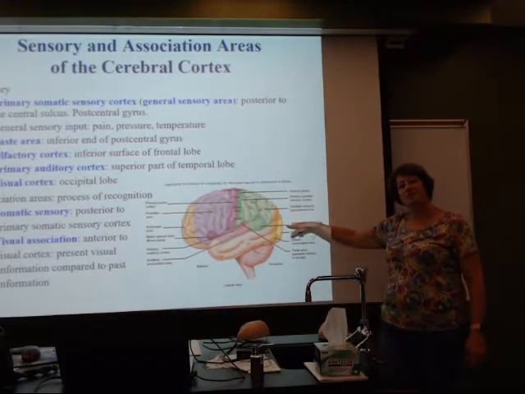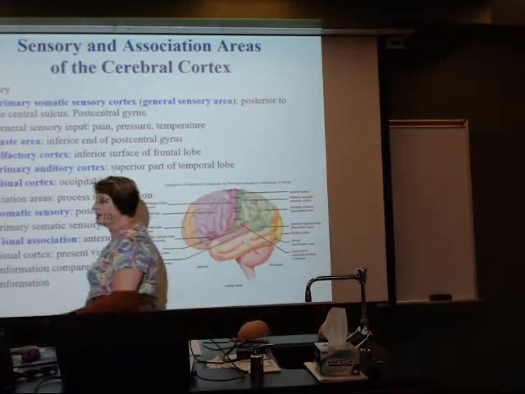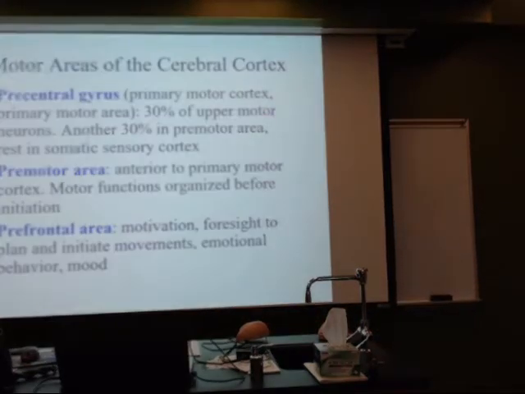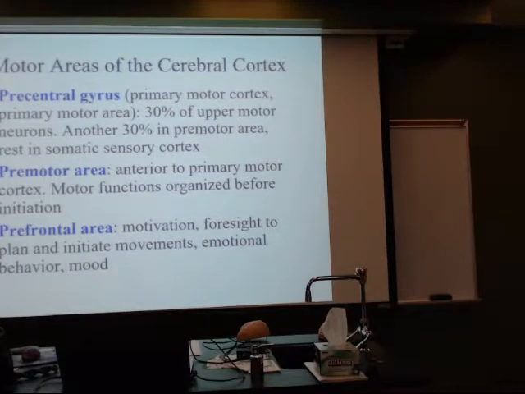So if it gets to be associated and processed, we're going to have information that went in get a response. So if that was my sensory, I've got to have areas for motor.